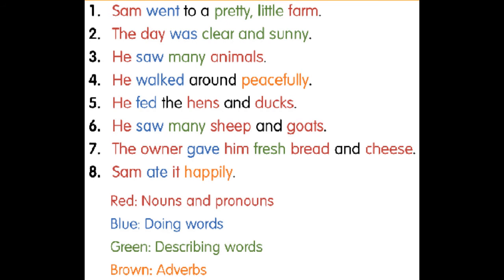The day was clear and sunny, and so on. In all the sentences I have given, red is noun and pronoun, blue is doing word, green is describing words, brown is adverbs. For practice, copy down these words in your book with the same color. So it will be easy for you for your reference or to study.